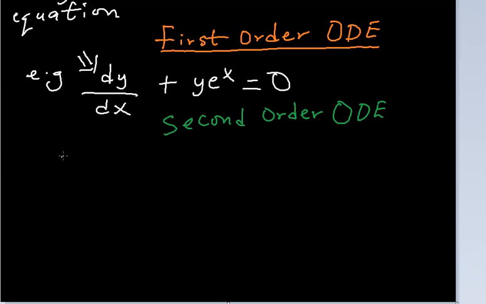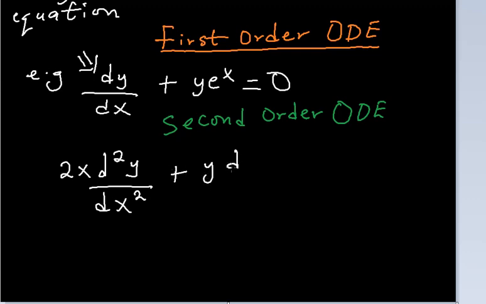You will also have lower order derivatives in the equation, for example 2x d squared y over dx squared, plus y dy/dx, plus x to the power y, equals 0.